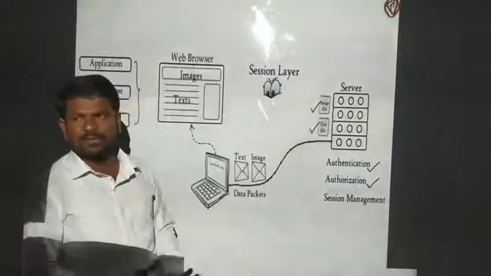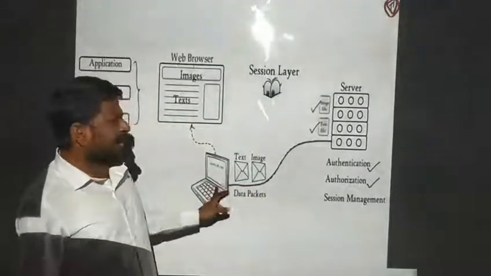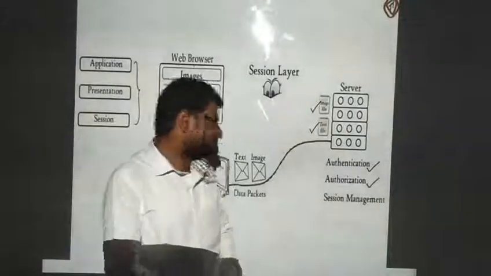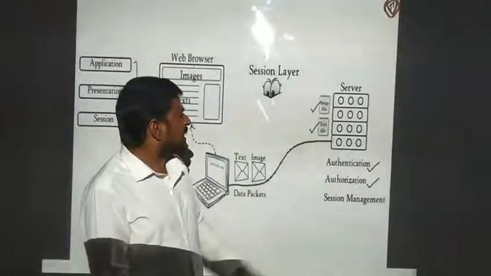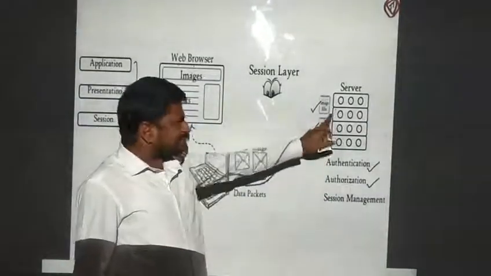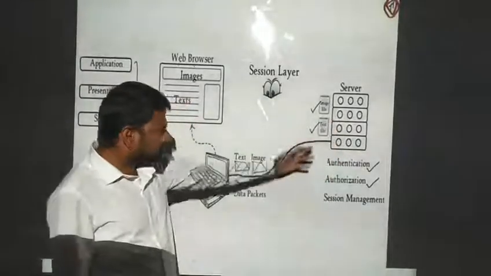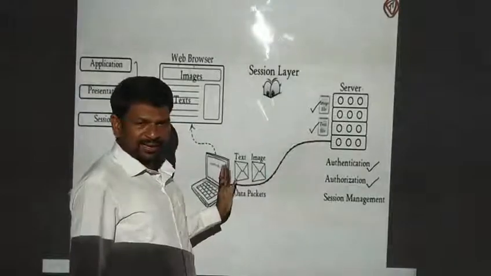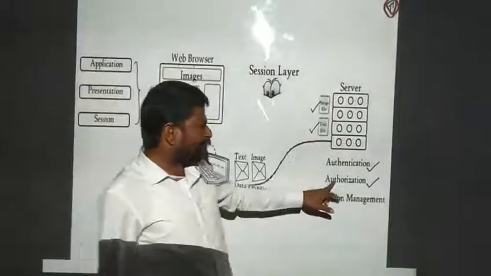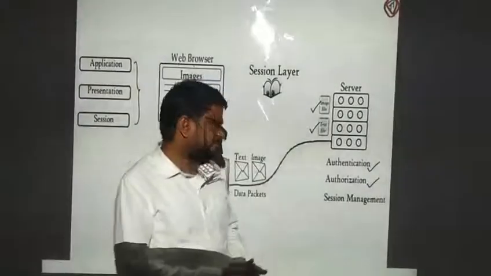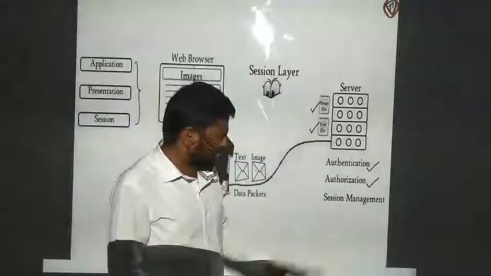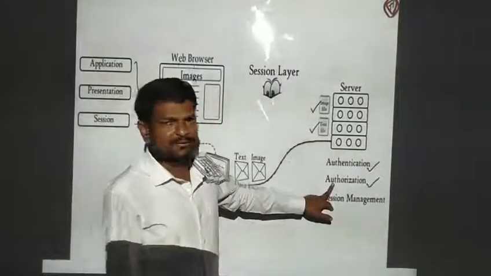If the username and password match, then the client can access the server. Authorization means whether that file can be accessed by the client or not. The permissions will be there for each and every file. That is called authorization, whether he is authorized to see the file or not.